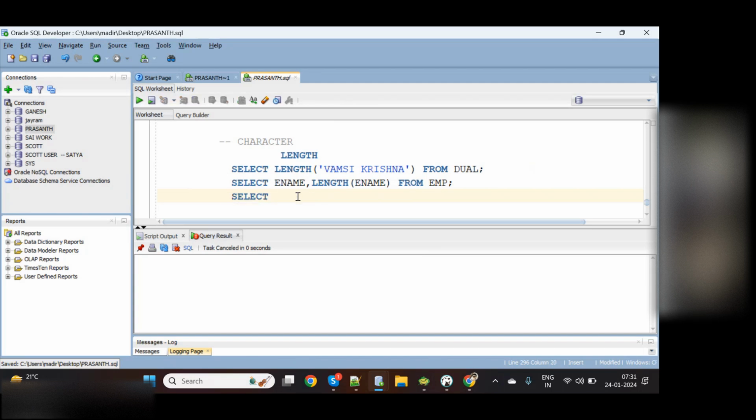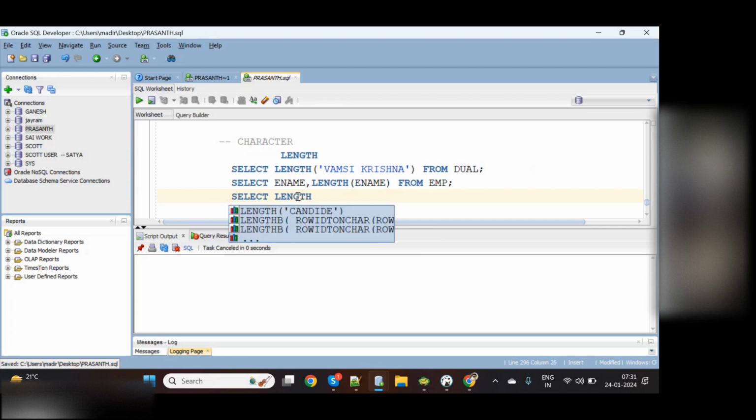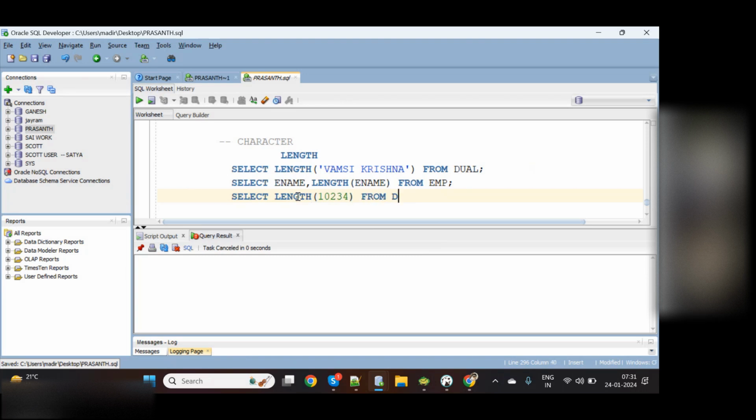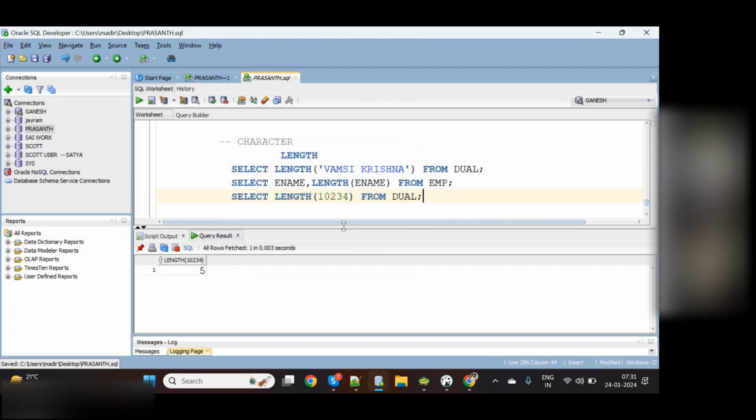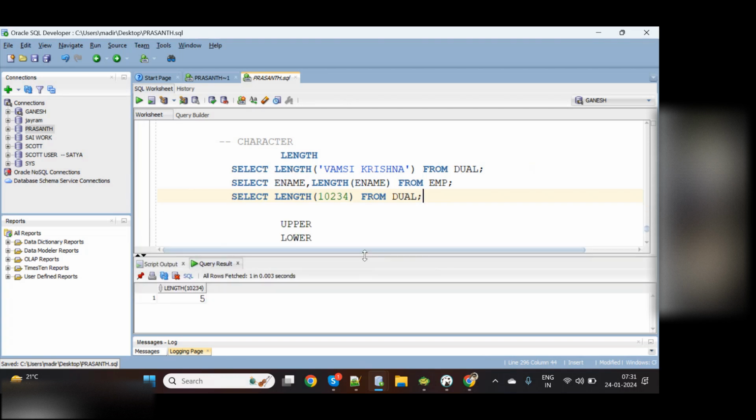Select length of 10234 from dual. Length means it will calculate how many characters you have. Will it work? Working. But generally it is a character function only.